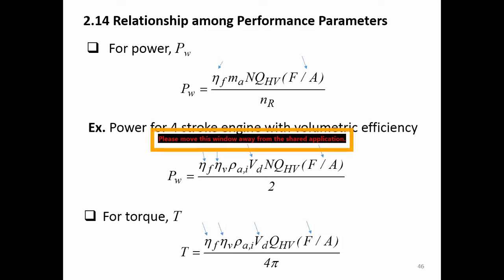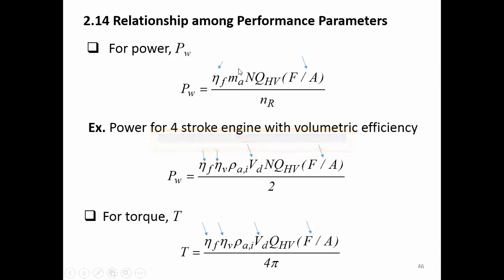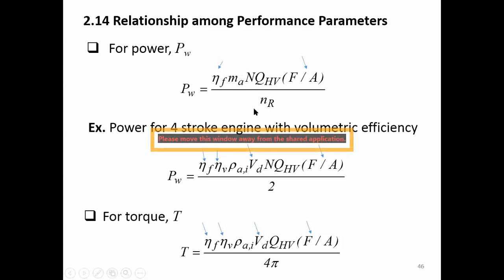For power, we have the parameters that involve the power, such as the fuel conversion efficiency, the fuel air ratio, apart from the mass flow rate of the air, the engine speed, the heating value, and the number of crank revolutions. So in the power here, we already see several parameters that involve the power.